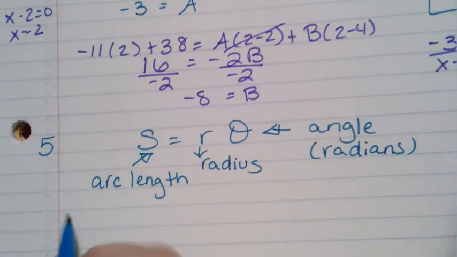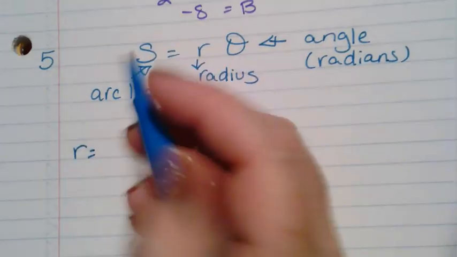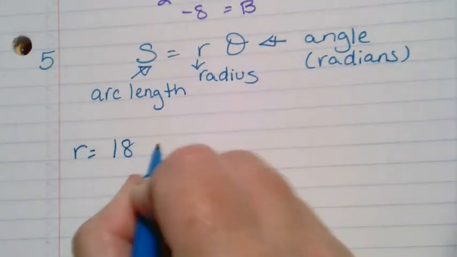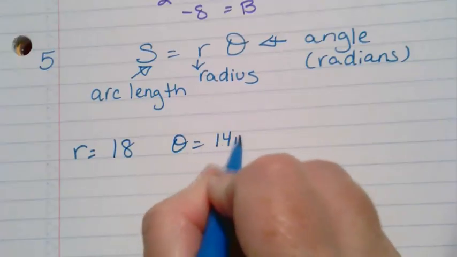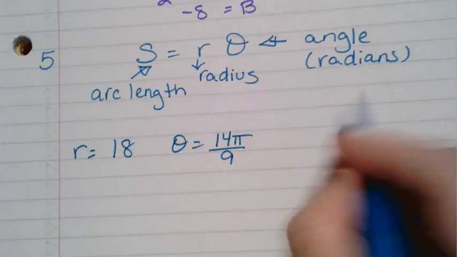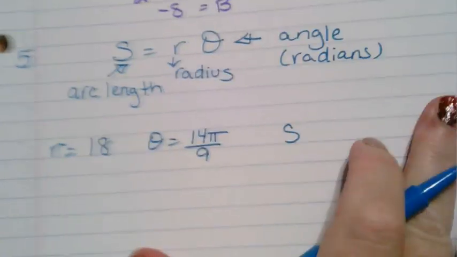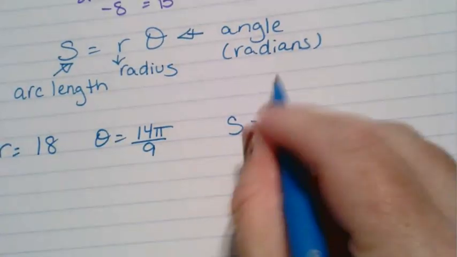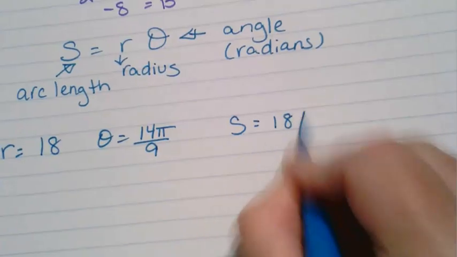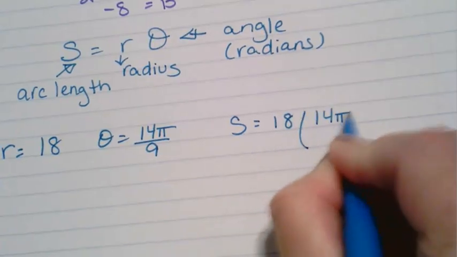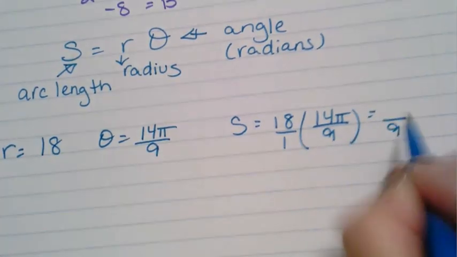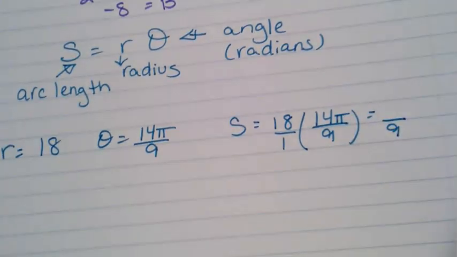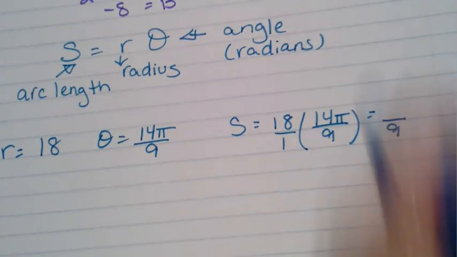So the first one, they give us r equals 18, and theta is 14 pi over 9. So you're just going to do 18 times 14 pi over 9. 18 times 14 is 252 pi.